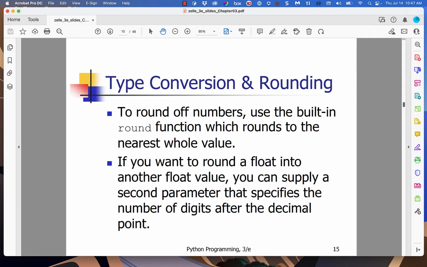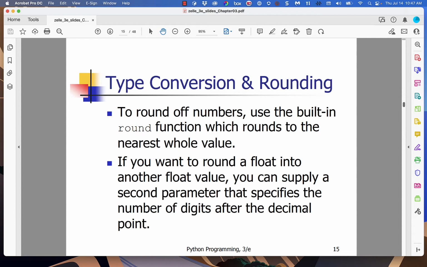Now, what if we wanted to round? Okay, there are a lot of times when we want to round. Well, there's another function for that. So if we wanted to convert a float value to an int value and make sure that we round it appropriately, well, we would use the function round.